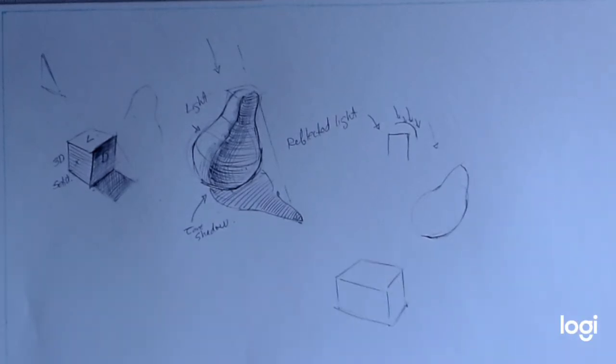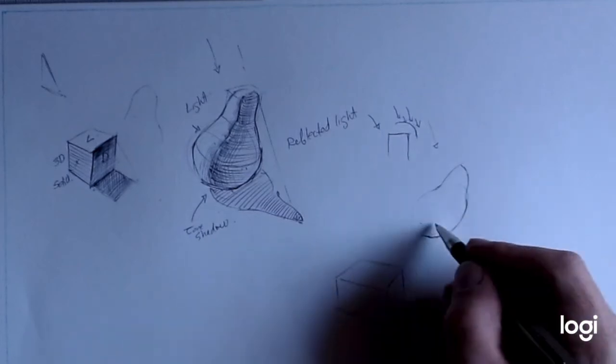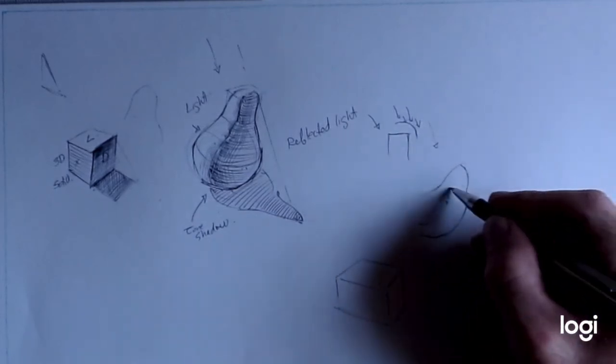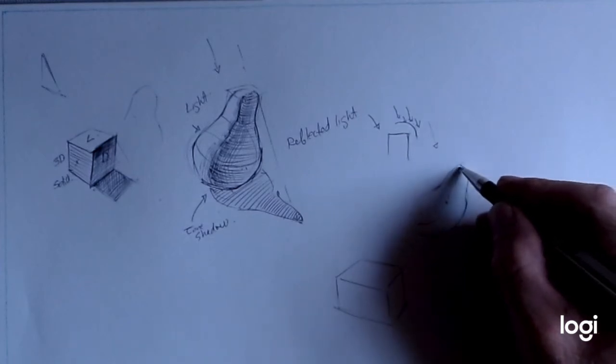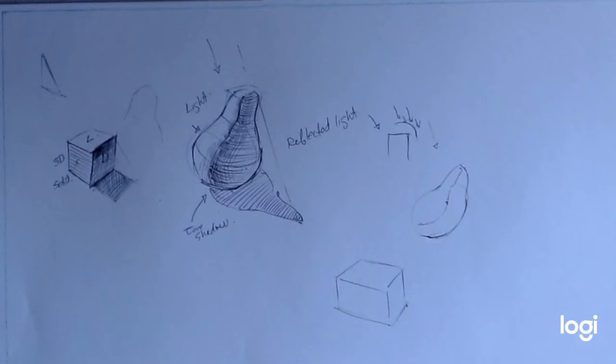And when that line becomes apparent, now we have volume. And so here's that line with this pear. And that introduces volume.